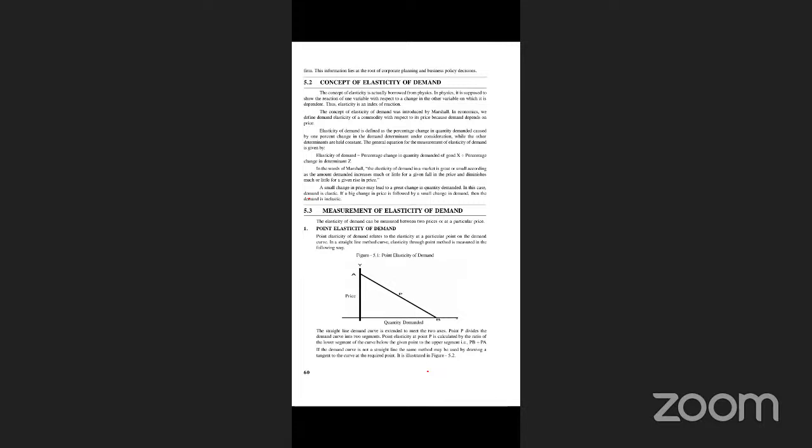It is nothing but the percentage change in quantity demanded, caused by a percentage change in the determinants under various situations. Some determinants are constant and some are changing, leading to a change in the demand. That is what we refer to as elasticity.